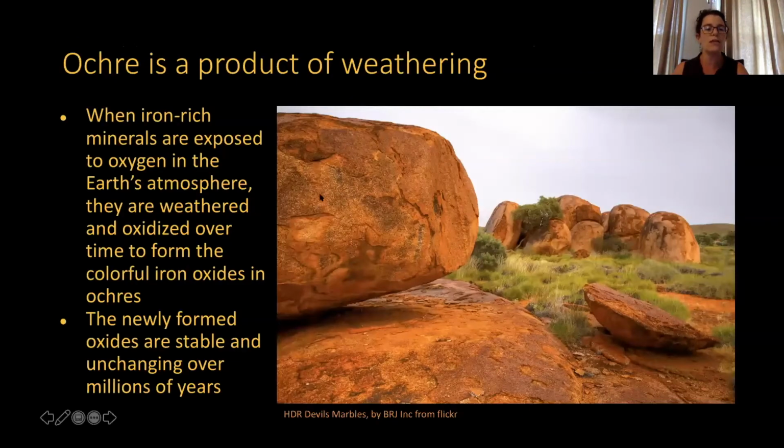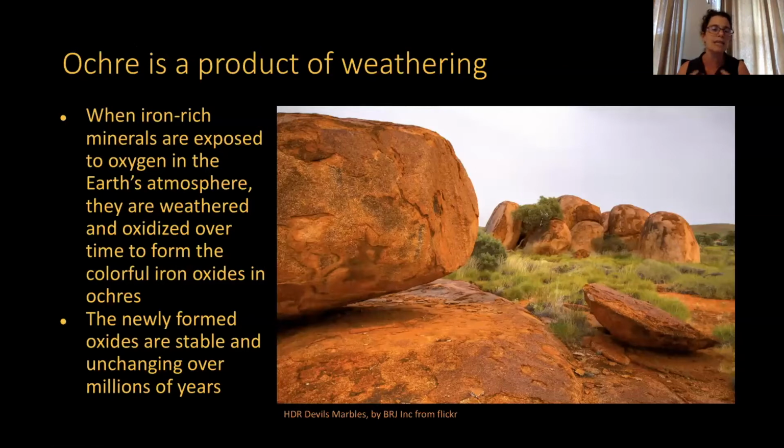Ochre itself is a product of weathering. So when iron-rich minerals are exposed to oxygen in the Earth's atmosphere, they're weathered and oxidized over time to form these colorful iron oxides that we see. In this picture here, this is from a place called the Devil's Marbles in Australia. These are very old igneous rocks, and as they've been exposed to the atmosphere, the iron in those rocks has oxidized.